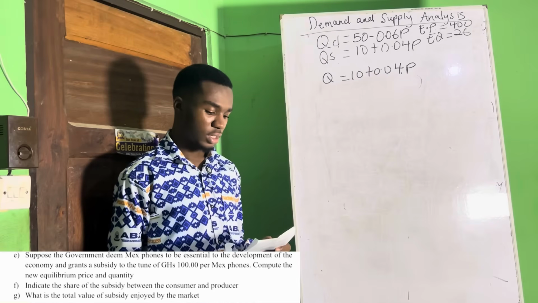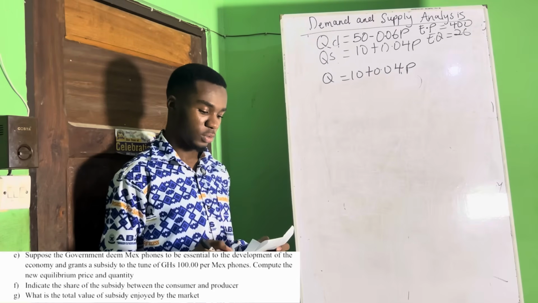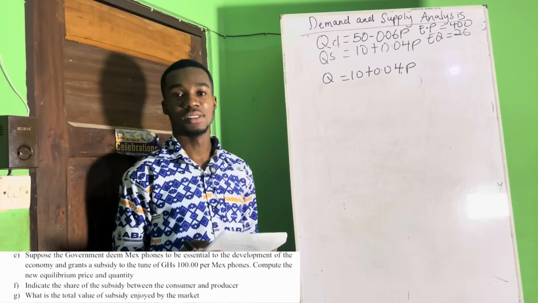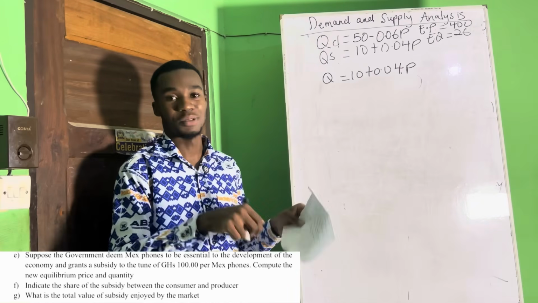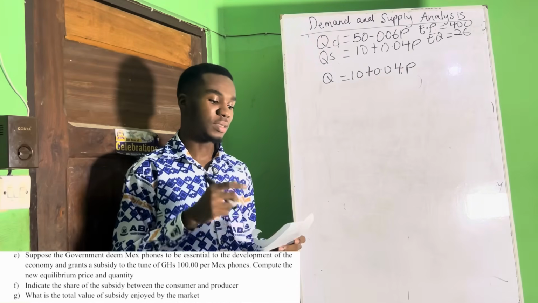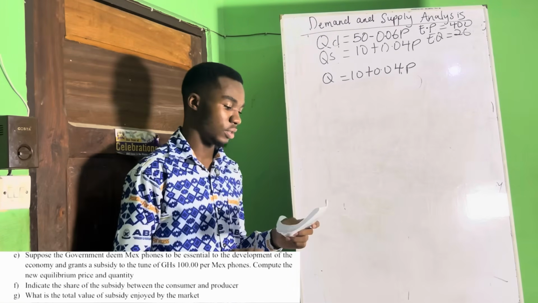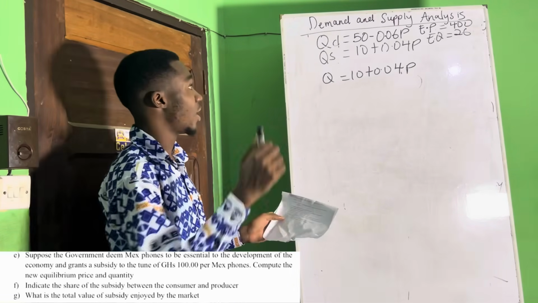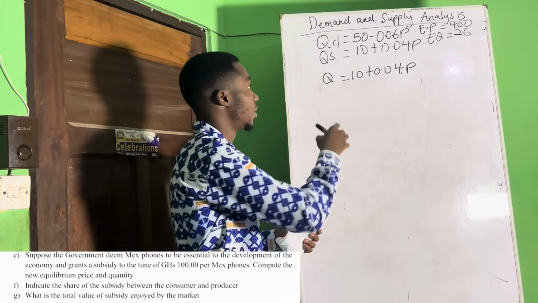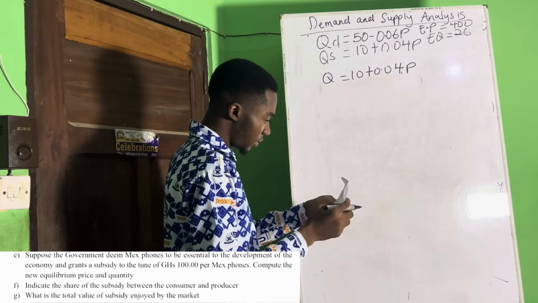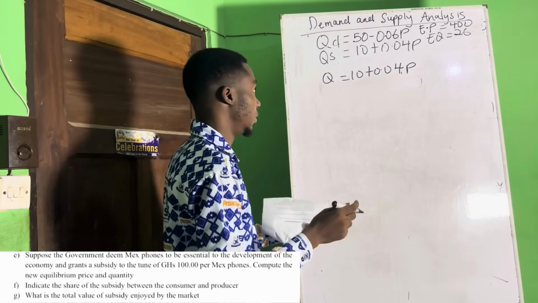The E says that suppose the government deems MEX funds to be essential to the development of the economy. Even how the question has said it, you will know that they are not going to subtract tax, because the government has realized that this particular company is going to generate revenue for the country. So now it means you are going to add it to the price, you get it. So this is the original supply function, and now a subsidy of 100 cedis has been introduced.